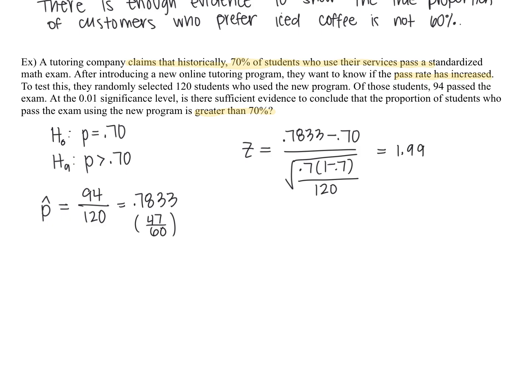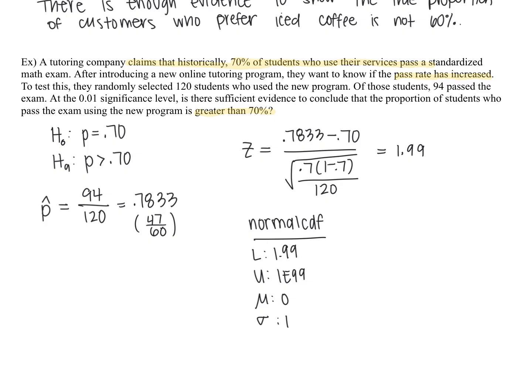And if I were to calculate the z-test statistic with the 47 over 60, I actually end up getting the same number to 2 decimal places. It's still 1.99. So rounding to 4 decimals still gives you an accurate test statistic. So for normal CDF, our lower bound is going to be 1.99 and our upper bound is going to be 1E99. Mean of 0, standard deviation of 1.